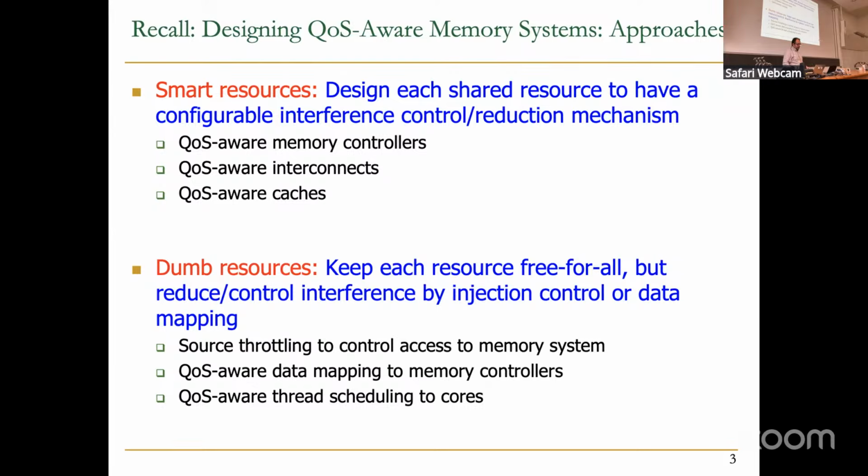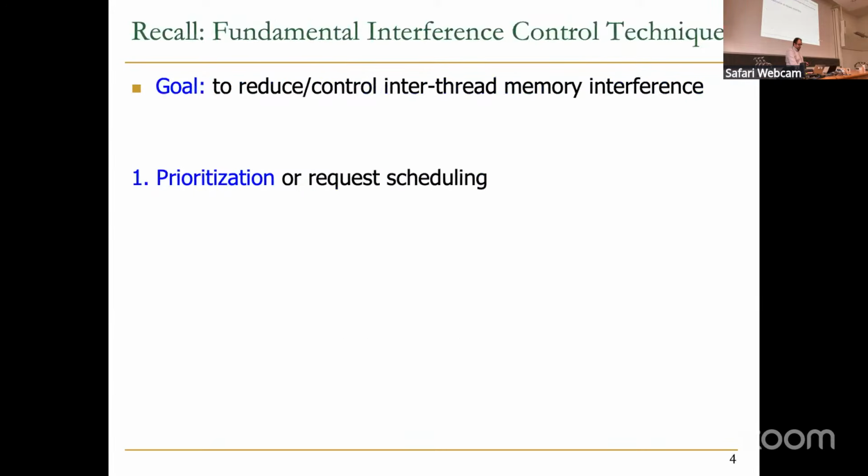We're going to see QoS-aware data mapping to memory controllers and QoS-aware thread scheduling to cores. We also discussed that these techniques can be combined together. It does not need to be only one of them; combining them is going to lead to a better solution, which we will also see today in some techniques.